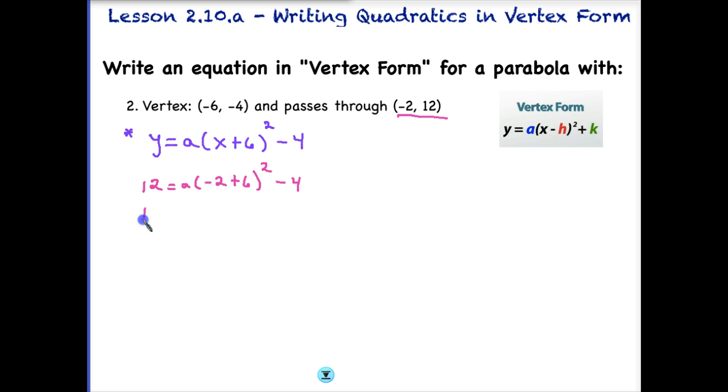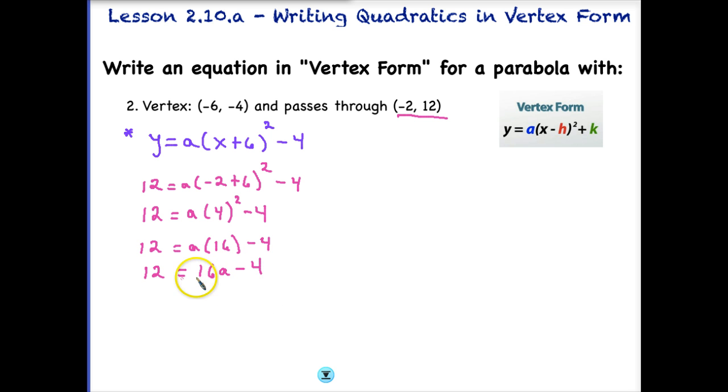We'll do our parentheses first. So we have a times -2 plus 6 is 4. Then I can do my exponents. So 4 times 4, or 4 squared, is 16. And now I'm going to go ahead and rewrite it as 16a, makes a little more sense, minus 4.